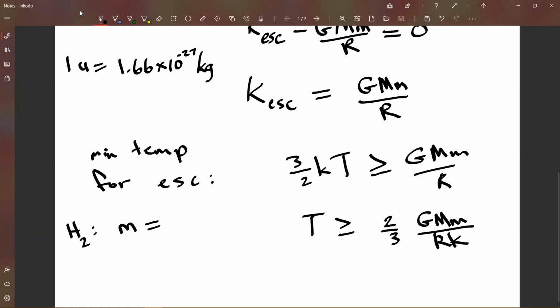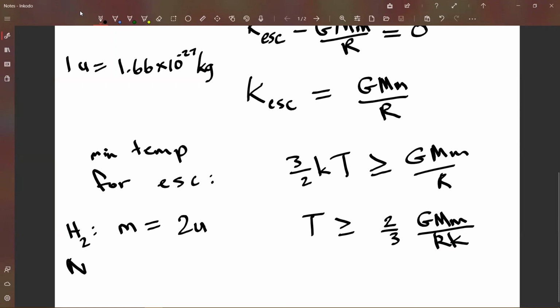Well, hydrogen gas, that's two hydrogen atoms bonded together, and each hydrogen atom has one proton, 1 u. So this diatomic form of hydrogen has a mass of 2 u. And yes, we are neglecting the mass of the electrons because they're something like 1,800 times less massive. So it's kind of a piddly correction.